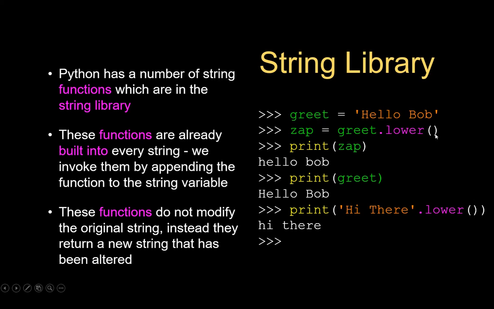dot lower parentheses, this function will convert our string to lowercase. So when we print it, we assign it to another variable. When we print it, we get our identical string but in lowercase.